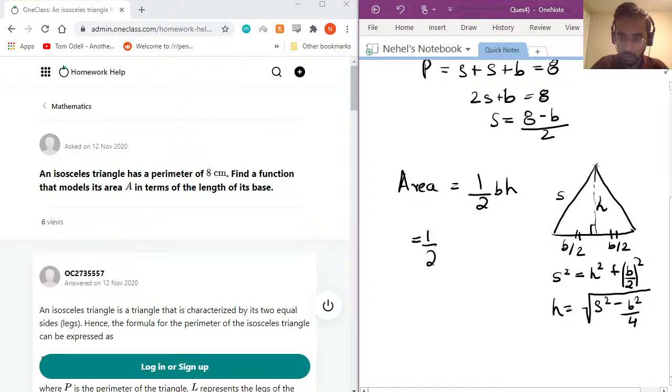So 1 over 2 b, and then h becomes under root s squared minus b squared over 4.